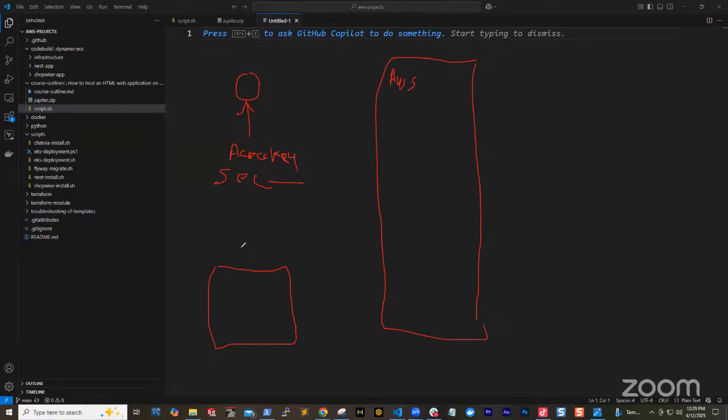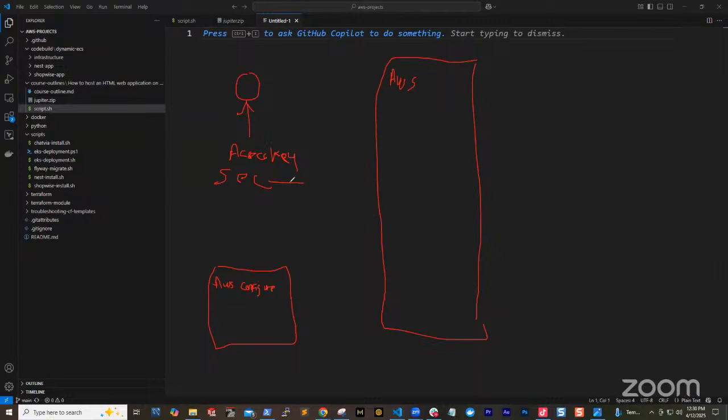The difference is that when you type AWS configure, you just type AWS configure and you put your access key and secret access key. AWS will ask you for your access key and secret access key, right?